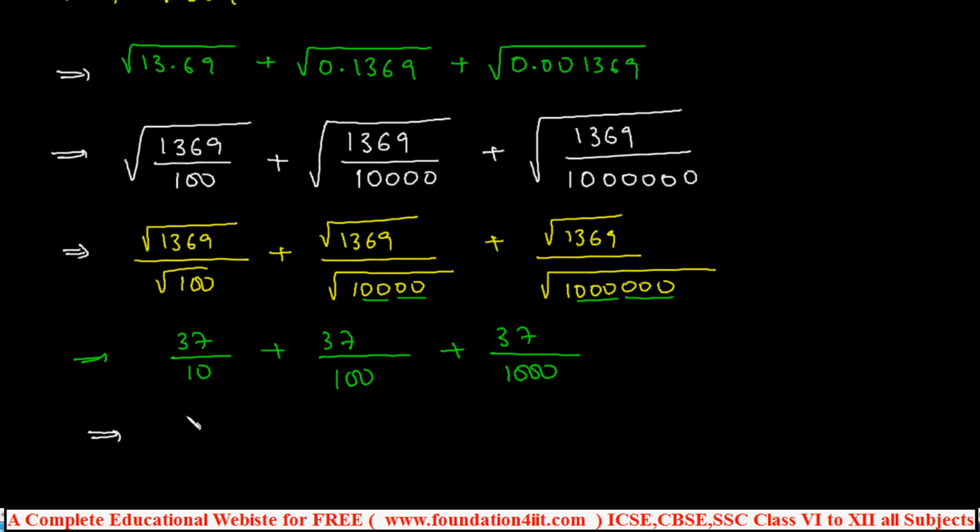37 divided by 10 is 3.7, plus 37 by 100 is 0.37, plus 37 by 1000 is 0.037, because after the point there are 3 decimal places.